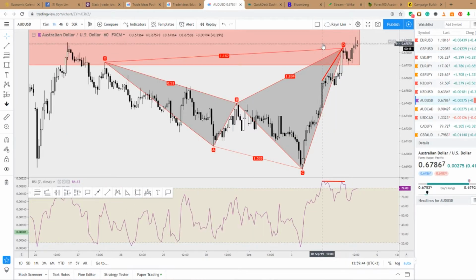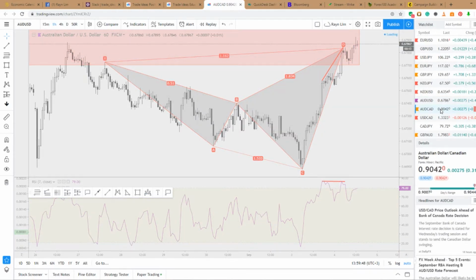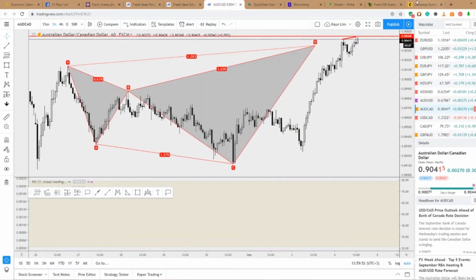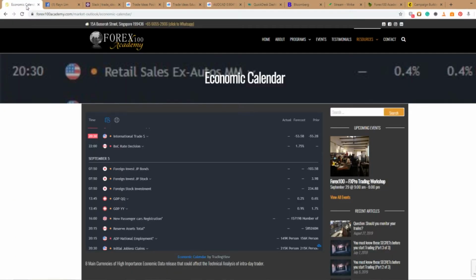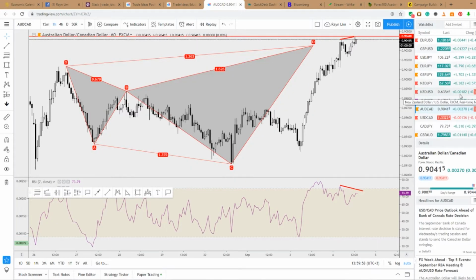Okay, unless they increase the interest rate from 1.75 to 2%, which I don't think is likely, then yes, just by that news, the market may hit your profit level.